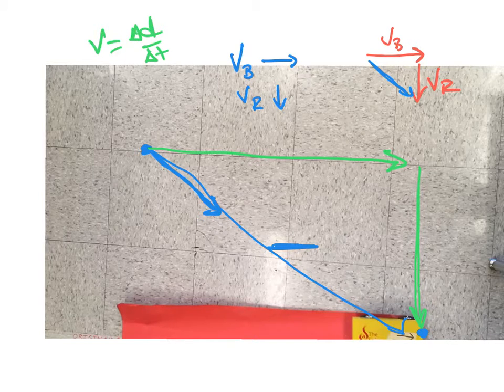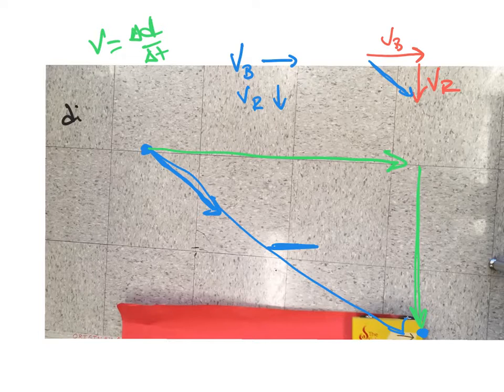So our displacement is represented by our blue line, and we have some time. And so if the blue line is the displacement, the displacement and velocity always are going to be in the same direction. Because velocity is displacement over time, the two things always have to be in the same direction. Let's write that in there.